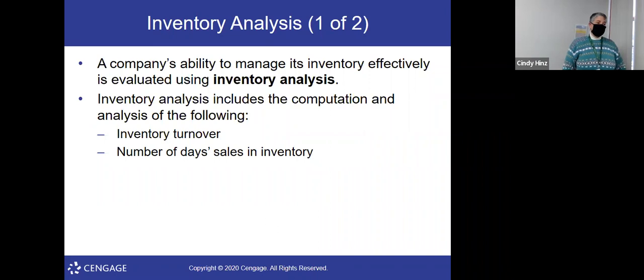And we recognize that that impacts our liquidity, because the longer we have to wait to get that cash back after we sell to our customers, the more float or working capital we need in order to continue to pay our bills and run our company while we wait for the payment from our customers. Any questions about what we did on Tuesday, the first half of the chapter?